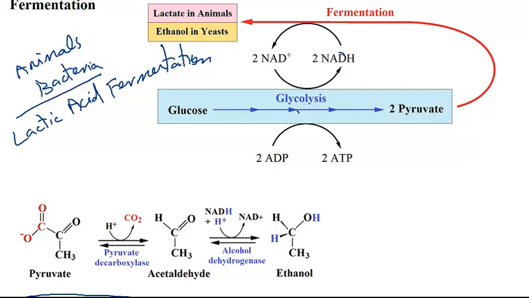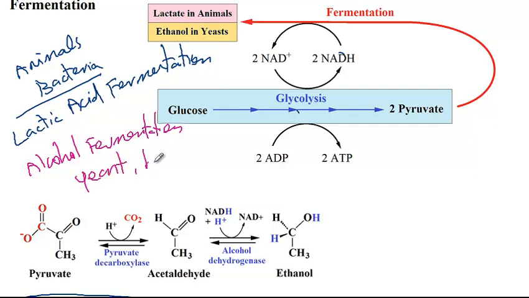And then finally, we have the ethanol or alcohol fermentation, which is seen in yeast and some bacteria, where pyruvate, with the help of pyruvate decarboxylase, is converted into acetaldehyde, this process releasing a CO2, as a consequence of which now we have a 2-carbon molecule.